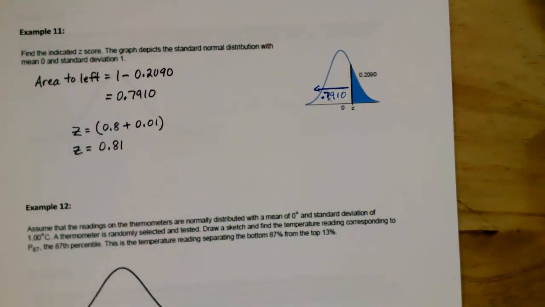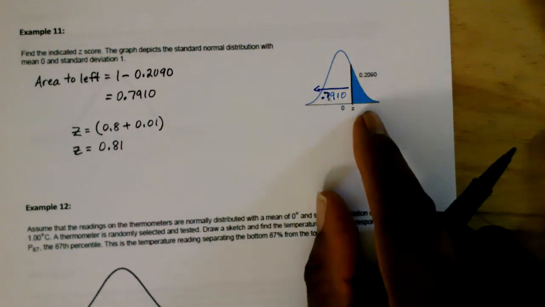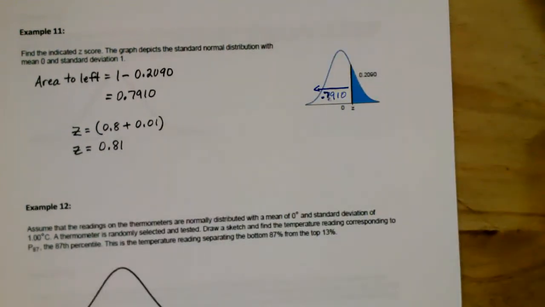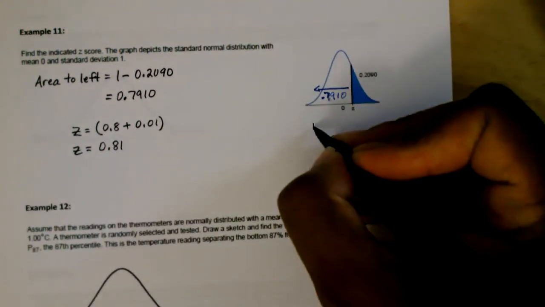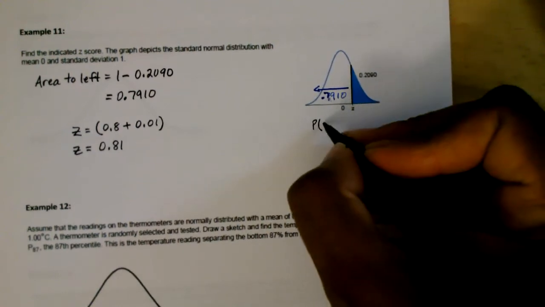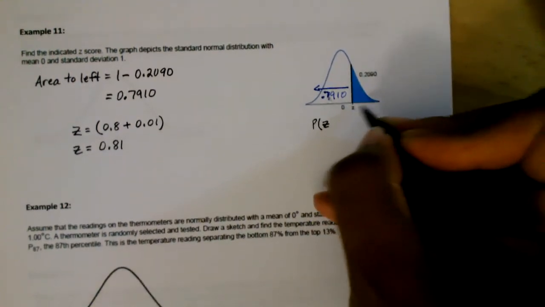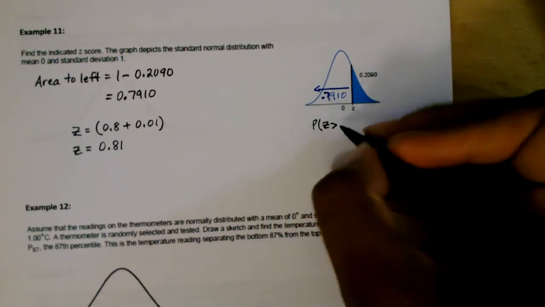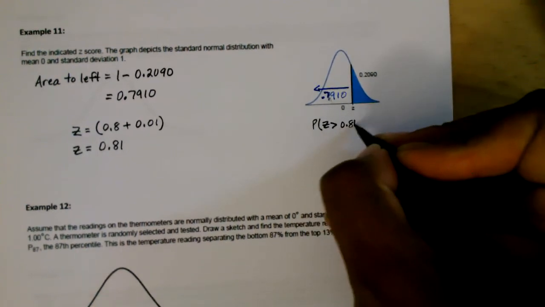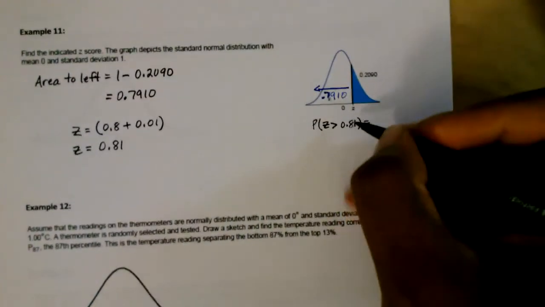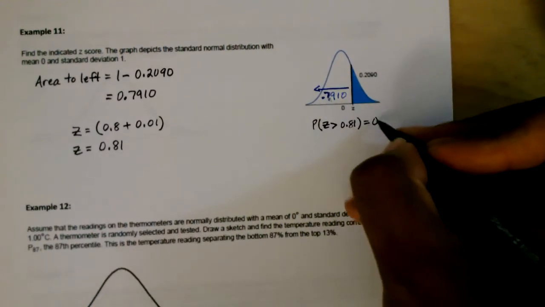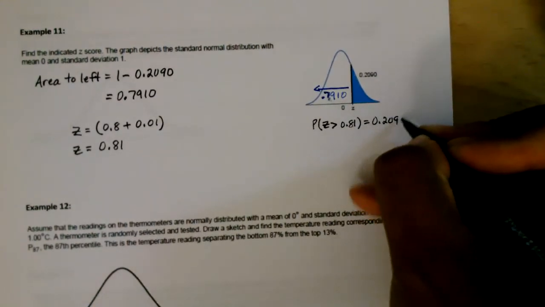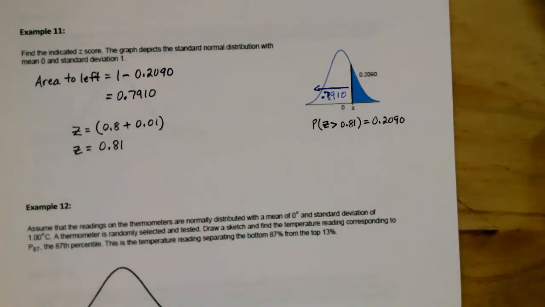So the corresponding z value for this curve will be 0.81. Now this could be the probability that your z is, since it's shaded to the right, greater than 0.81. That would be equal to that 0.2090.